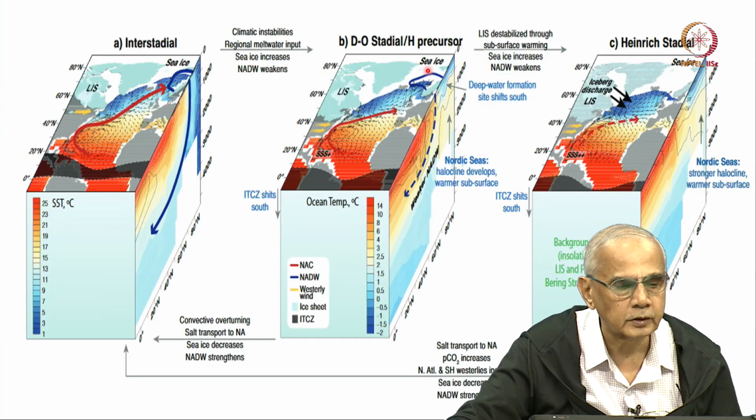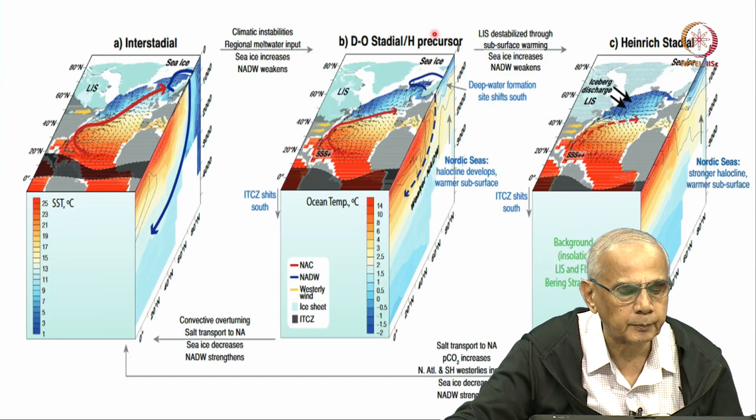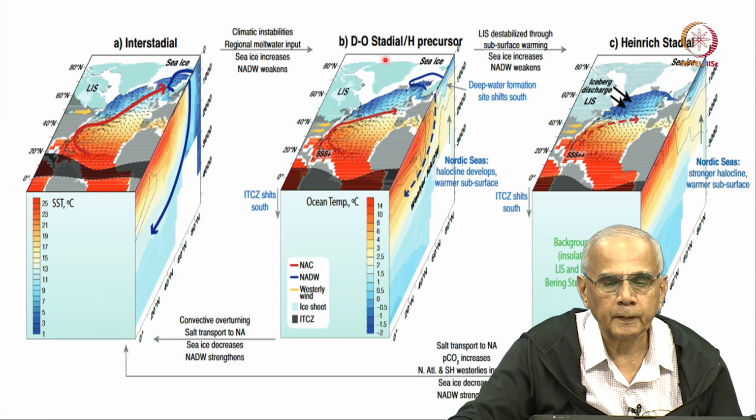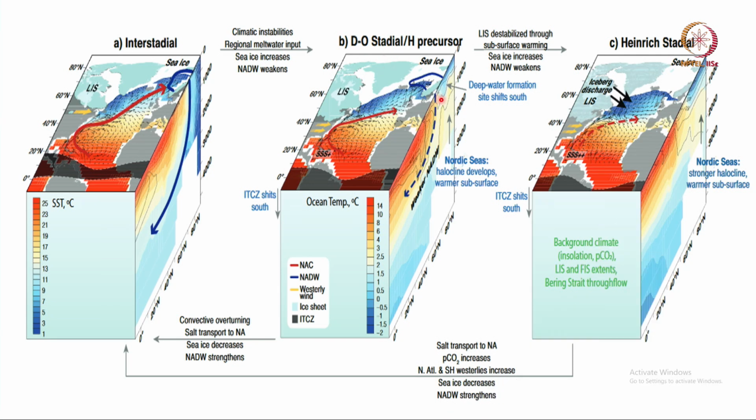Now, some of these models show details about both the variation with latitude as well as the vertical structure here. The longitude is shown here around Greenland, and of course the latitude and also the height.